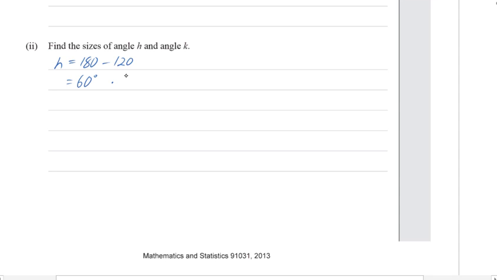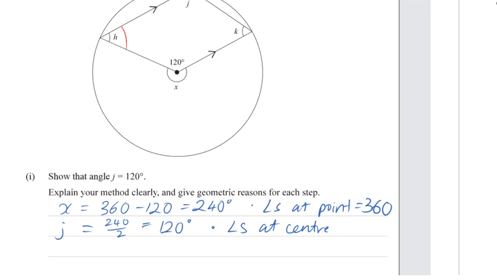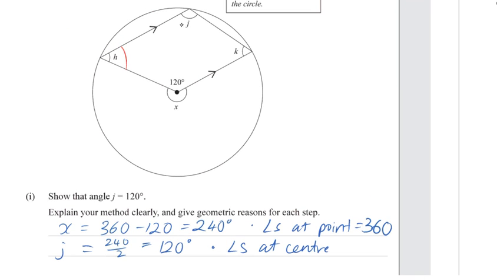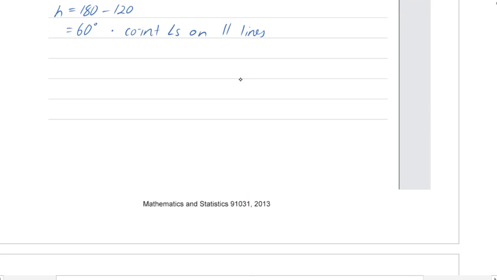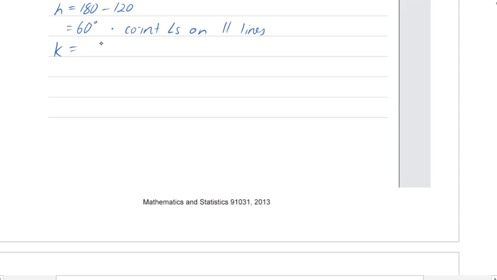And our reason for that is co-interior angles on parallel lines. And K is the same reason, because J we just worked out as 120, so K is going to be the same as well. So K is also 180 minus 120, which is 60, and the same reason, co-interior angles on parallel lines.